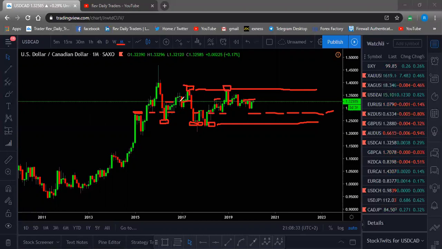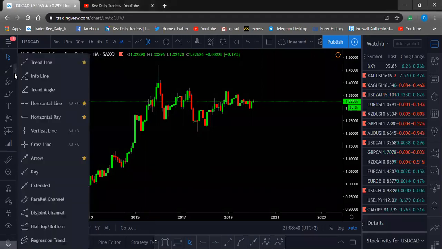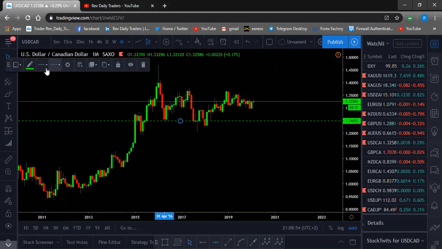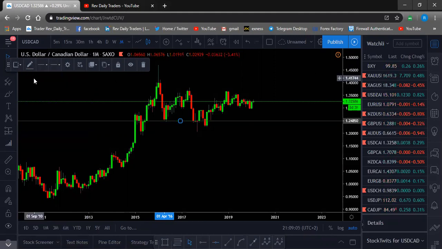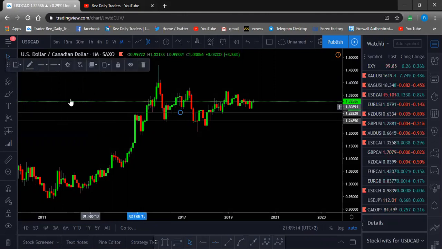Okay, then we'll take our horizontal like this. Okay, let me show you those points when we took our horizontal. Take our horizontal here. We'll make this straight, and the color I like to make is something that is invisible, that is not going to distract us when we trade, okay?